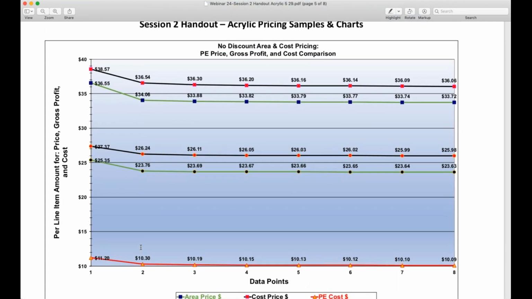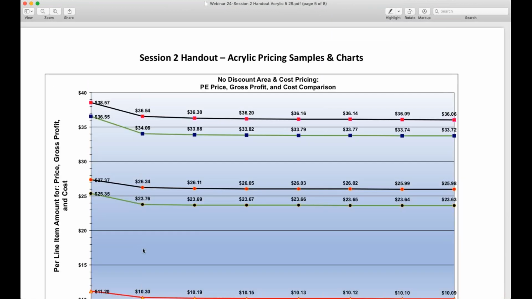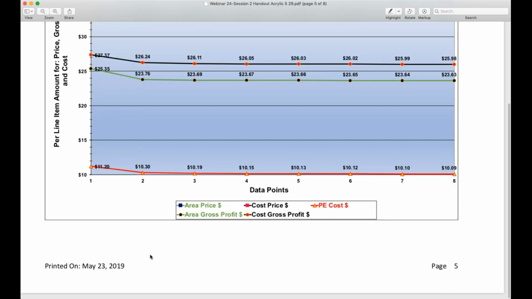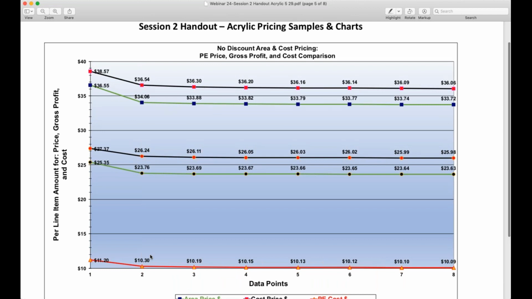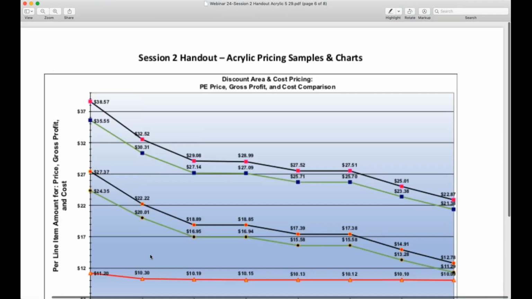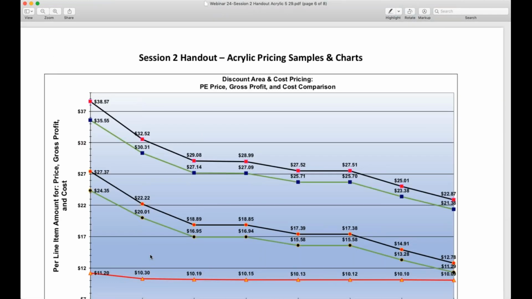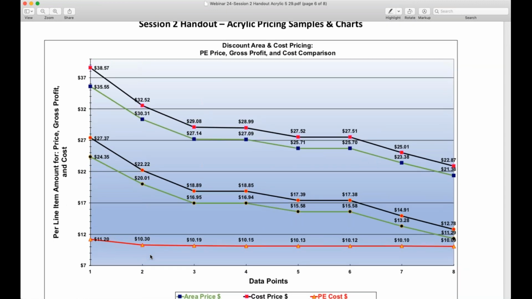And this is what it looks like with discounting. So you can see the prices begin to drop, stabilize a little bit, and it depends on what the structure of the discount table is.